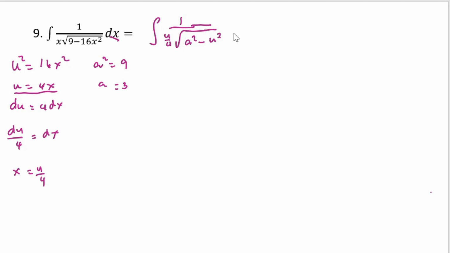And then dx stands for du over 4. So I have a numerator of 1/4, and also a denominator of 1/4 from u over 4. So 1/4 divided by 1/4 is just equal to 1. I can simply write that as du over u times the square root of a squared minus u squared.